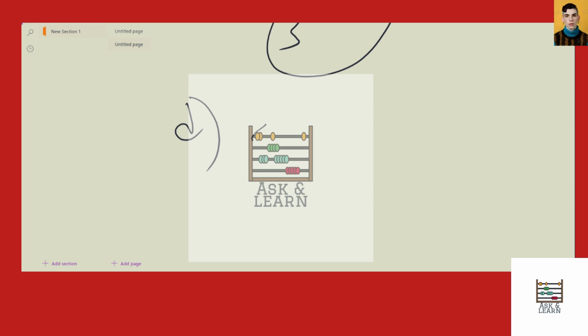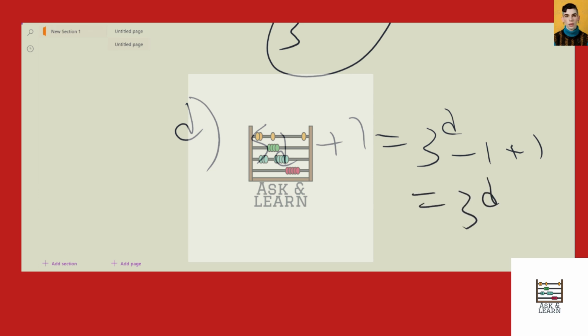From part B, we know that S of D plus 1 is just equal to 3 to the D minus 1 plus 1, which is equal to 3 to the D. And every arrangement must be different from each other, because otherwise you're just repeating moves, so you're not solving the puzzle efficiently.